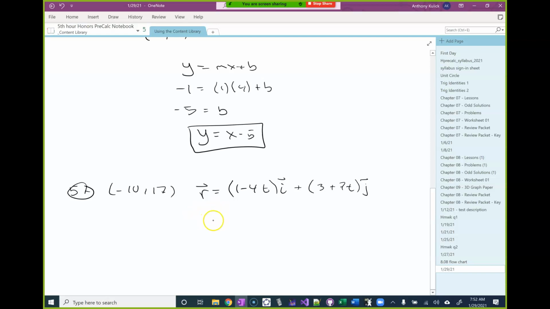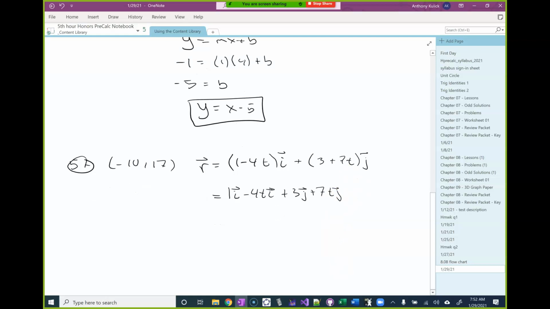So to do that, I'm going to start by distributing the i and j through. And then I'm going to group the stuff that has the t together and the stuff without the t together.